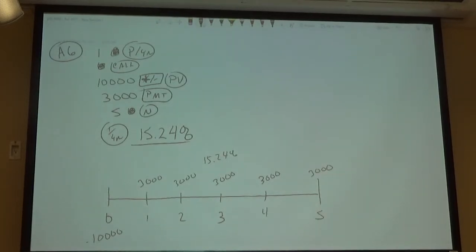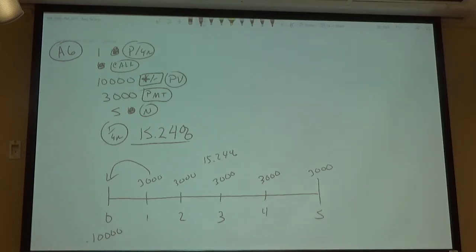So here is what is actually taking place. I'll show you how to do it on the calculator, but first I want you to conceptually understand what's taking place. The term annuity due simply says you're shifting all of the payments made or received forward or backward, depending on your perspective. In this case, our first payment occurs here at time period 0. This one now goes there. So everything gets shifted back one full year or one full period.